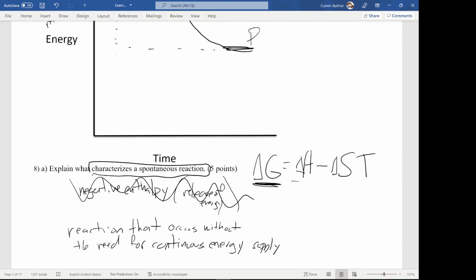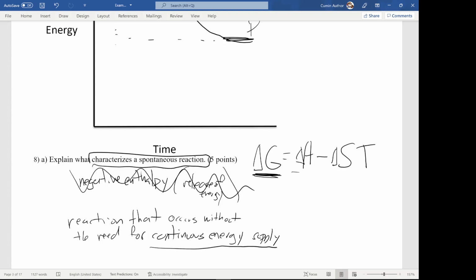So now don't get that mixed up with high activation energy. There's a lot of reactions that, at a certain temperature, will spontaneously happen. But a non-spontaneous reaction is one where you have to continually input energy. But a reaction that's spontaneous does not need the continuous energy supply.